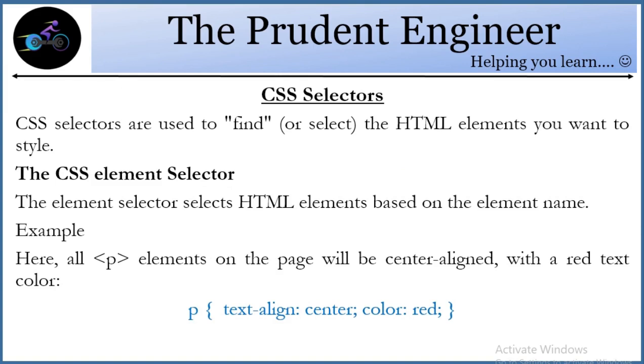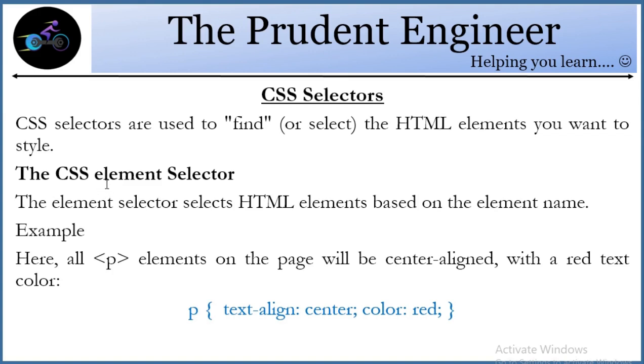Now we'll go on to the CSS selectors. CSS selectors are used to find the HTML element that you want to style. Suppose you want to style a paragraph, or suppose you want to style a heading, the selectors are used to select the heading or the paragraph. So there are multiple types of selectors.